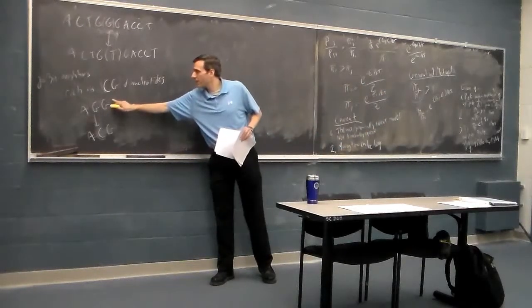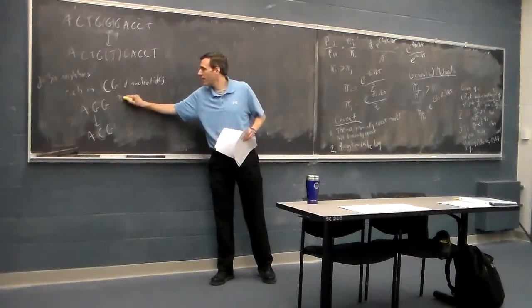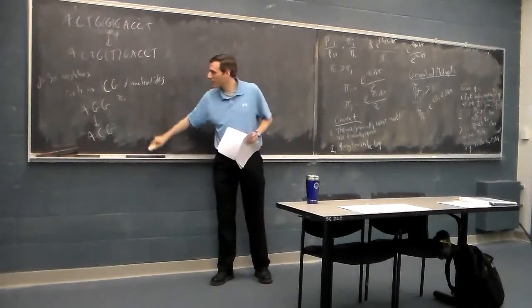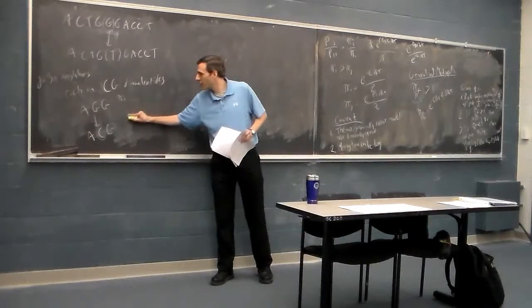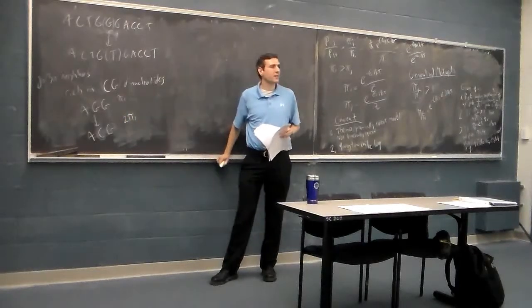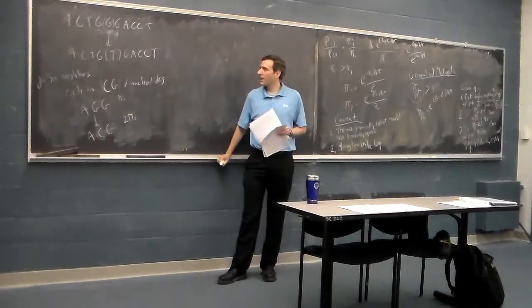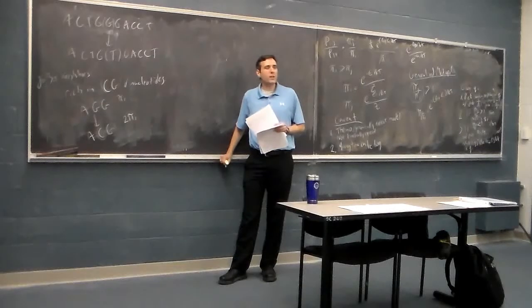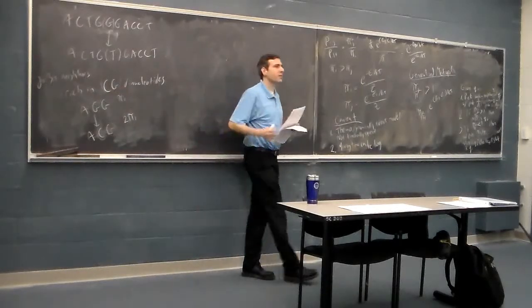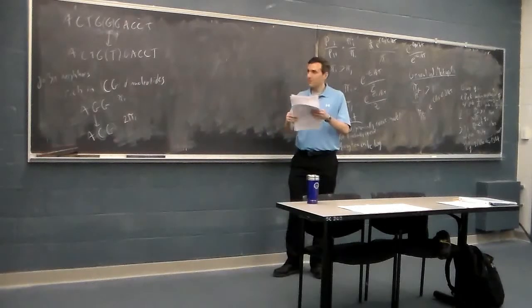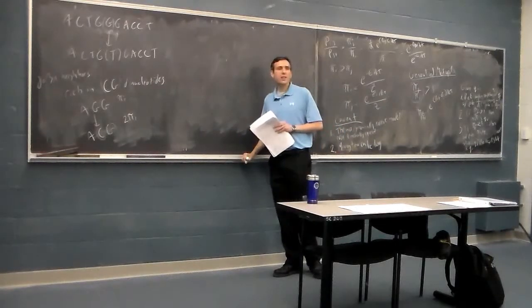We can see that this state has some pi i. We don't necessarily know what it is, but this one has one more CG in it, so this would have a stationary probability of 2 pi i. That's going to be our assertion here. And that's pretty much all we need to know to design a Metropolis sampler for sampling from this CG-rich model of sequences.